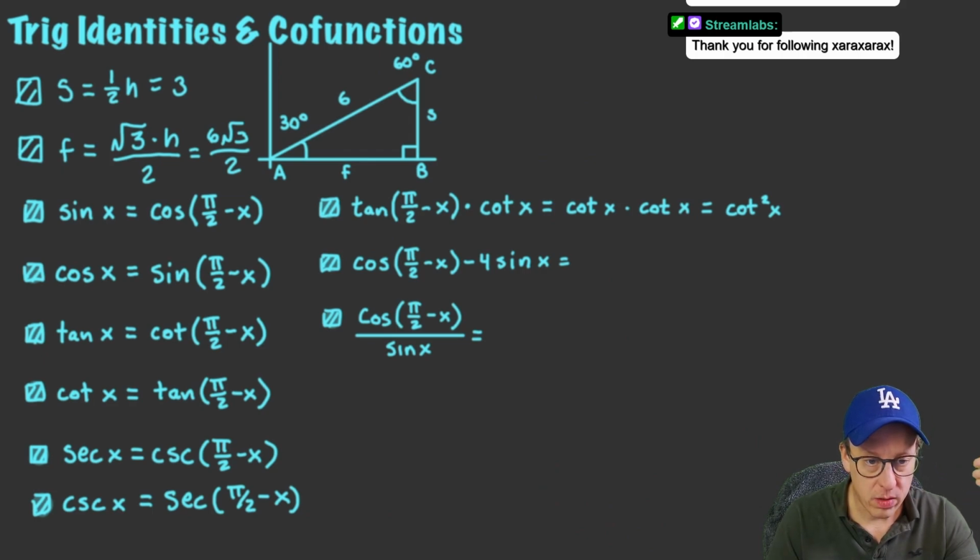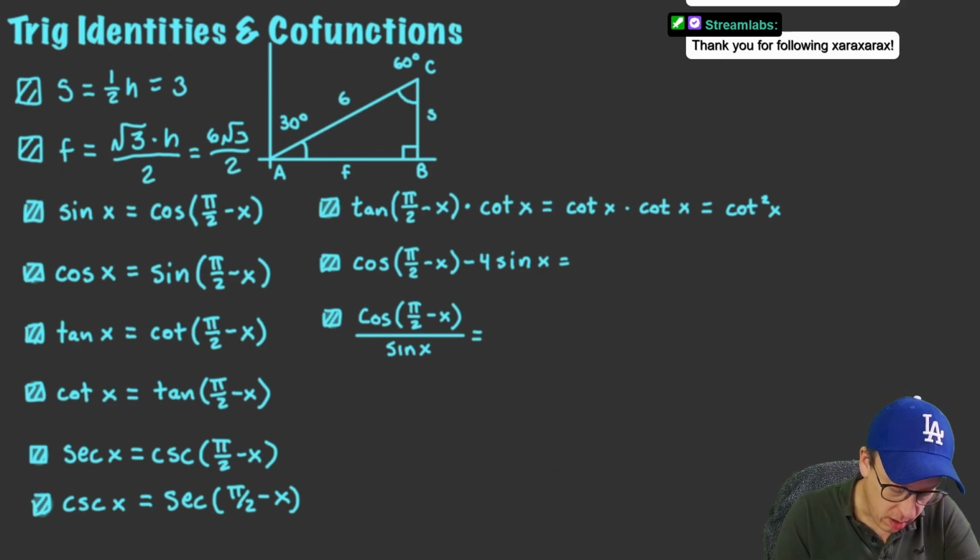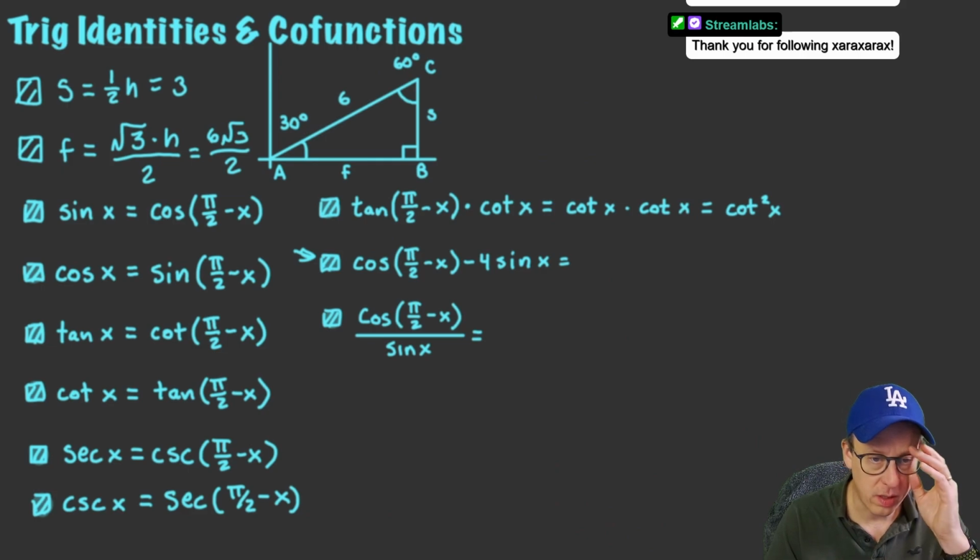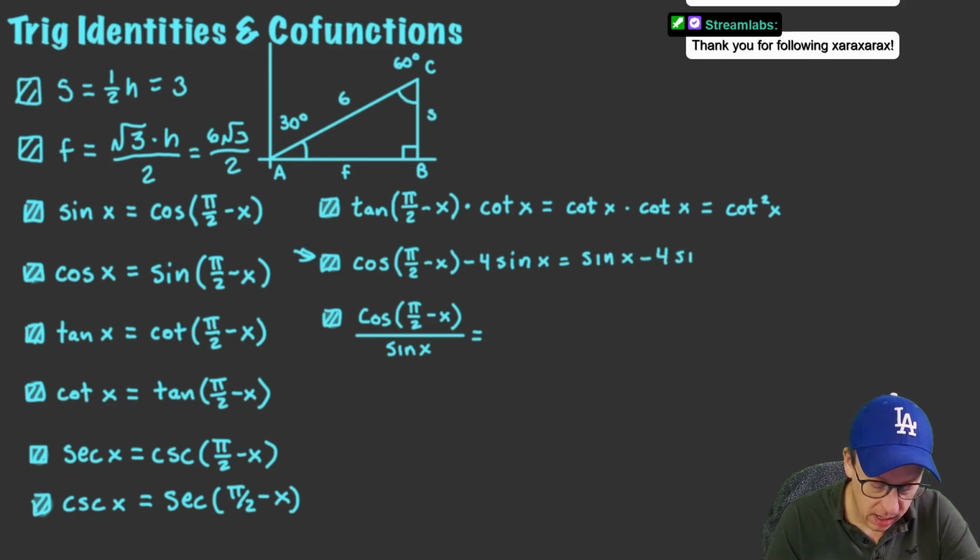Let's say we're going to solve this problem right here using these different rules. We're going to be able to convert this into sine x minus 4 sine x, and this then simplifies down to negative 3 sine x.